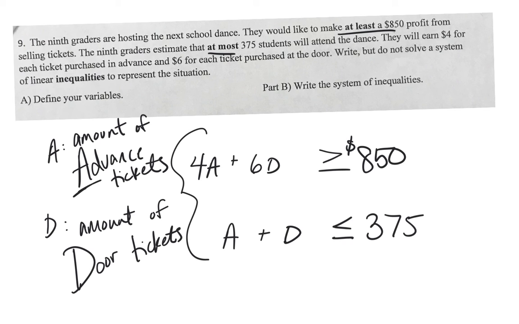So you get it, A for advance, D for door. Now, this is throwing some students off because they want to just say advance tickets or just say door tickets, but you need to tell me what about the advance tickets. It's the amount of advance tickets and the amount of door tickets. Otherwise, I might think you're talking about the cost of the door tickets or something like that. So make sure you do say it's the amount of tickets.